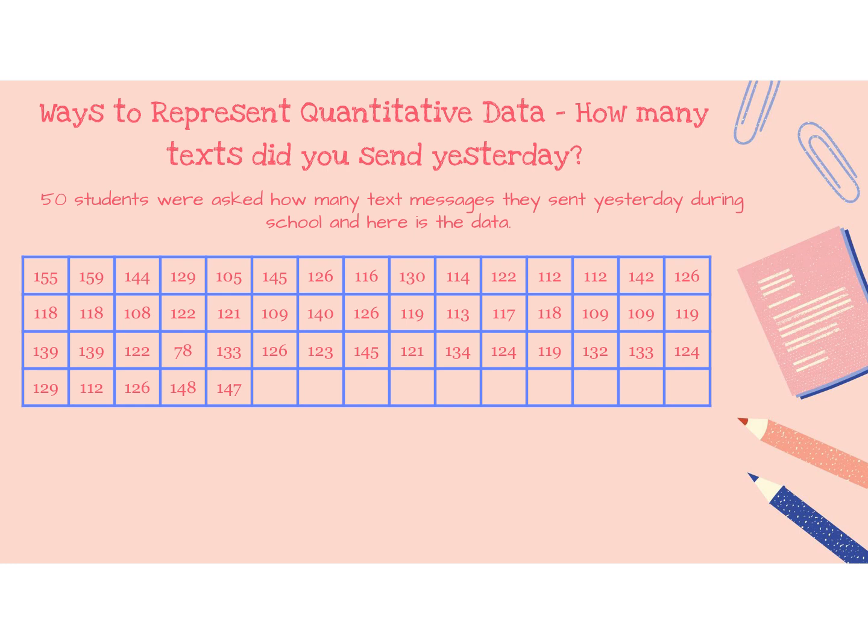Our last type of graph we're going to talk about for this part of 2.2 is a stem and leaf plot. And we are going to use some quantitative data, which is how many texts did you send in a day. 50 students were asked how many texts they sent yesterday during school, and here is the data.